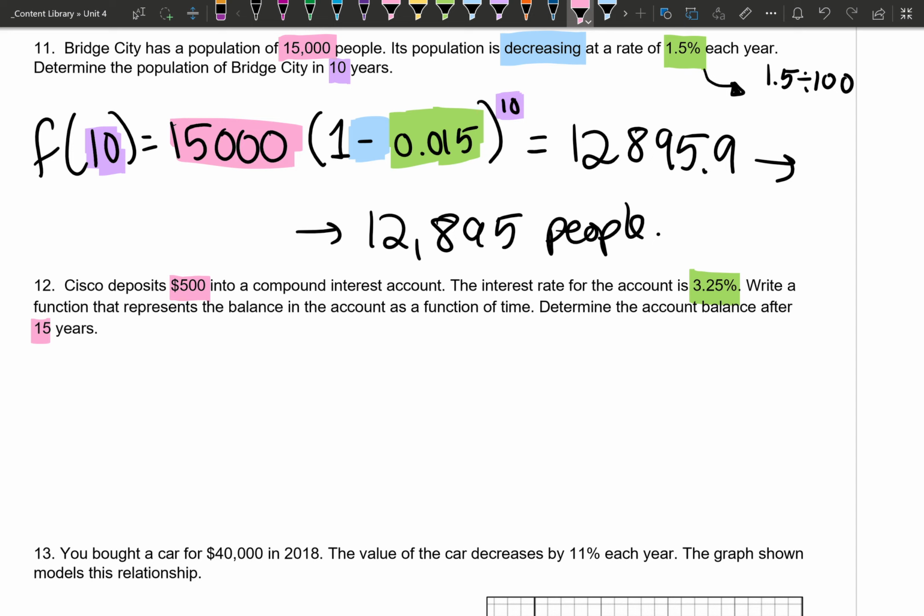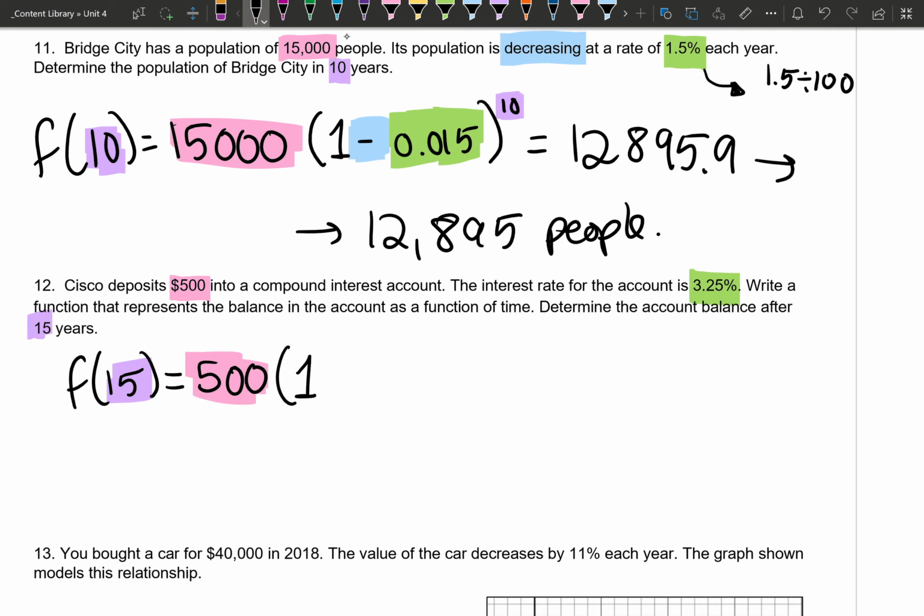Well, I know it doesn't say if it's increasing or decreasing, but when you're putting the money into an account and you're earning interest, think about whether it's growth or decay. If you thought growth, you're right. Gaining interest is growth. We're going to find out what happens if Cisco doesn't touch their money for 15 years. They just forget about this account.